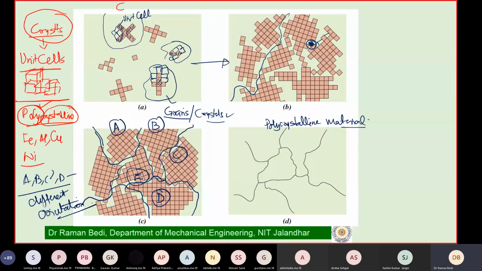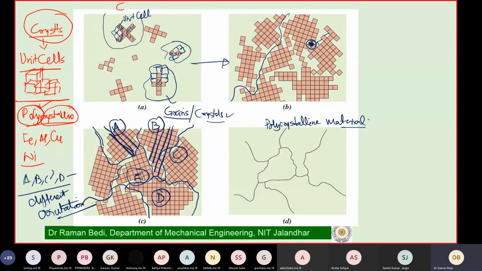Orientation is different means, if you recall our discussion, that is where your Miller indices of directions and planes will come to your understanding of what is the meaning of this orientation here. It means in this crystal A the planes are oriented in one way, one set of planes which is growing, but in crystal B the planes are oriented in a different manner.